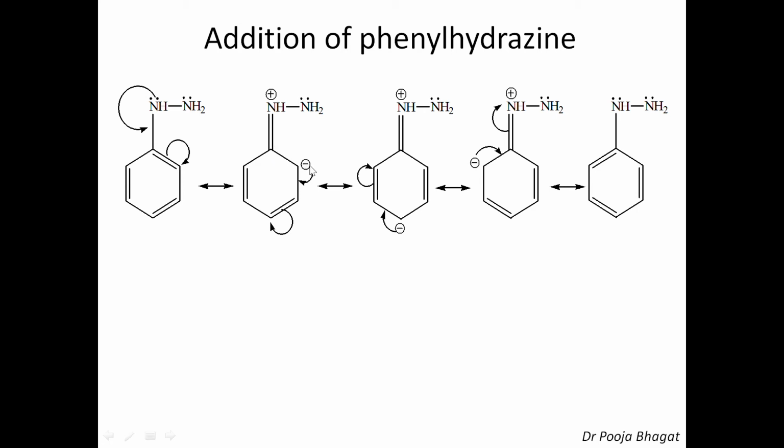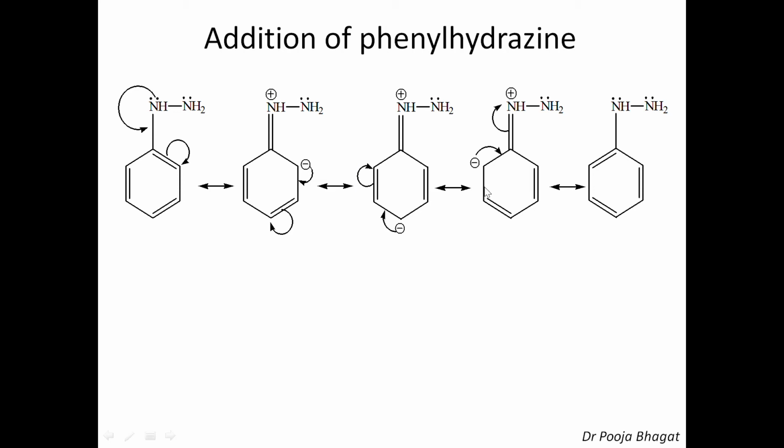Then this negative charge will come here and the pi electrons will move here, so this is a double bond, this is a single bond, and there is a negative charge. Then this negative charge will come here and the pi electrons will shift here, giving a double bond, single bond, and negative charge.